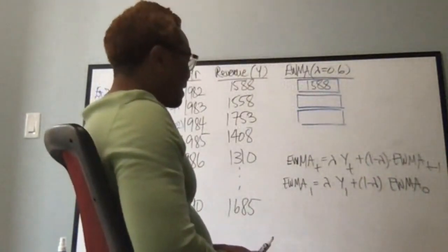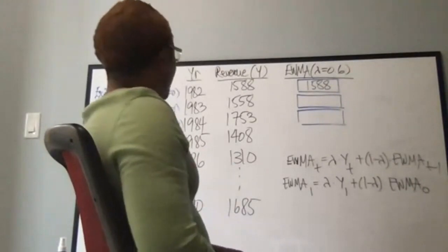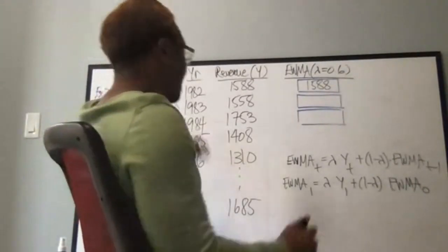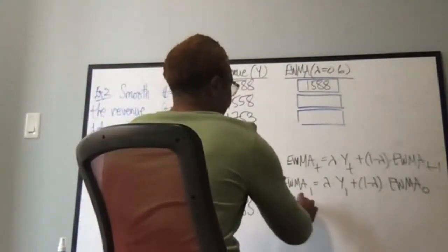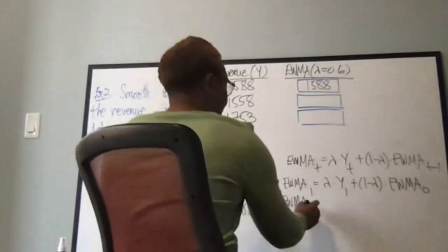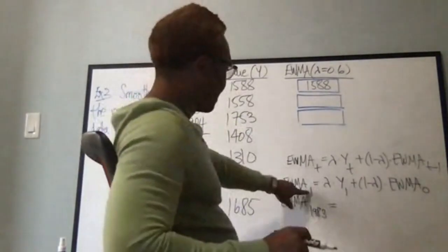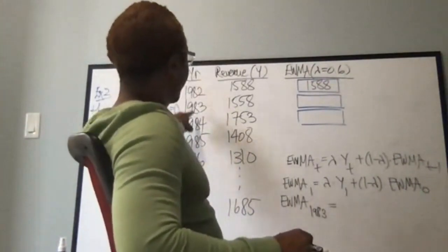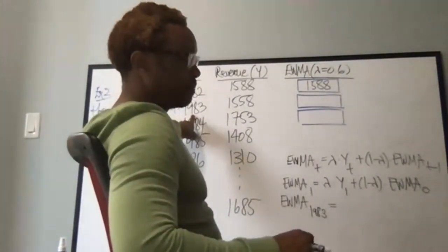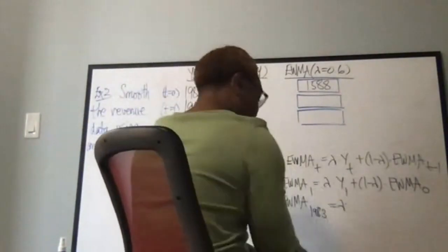Now, what does that mean in this problem? Well, time equals 1 corresponds to this: EWMA of 1983 equals lambda times y also of 1983 plus 1 minus lambda times EWMA of what year? See, this 1 here corresponds to the time period of 1983, that's the first one.